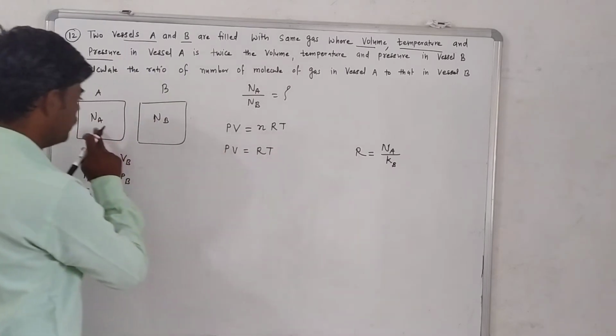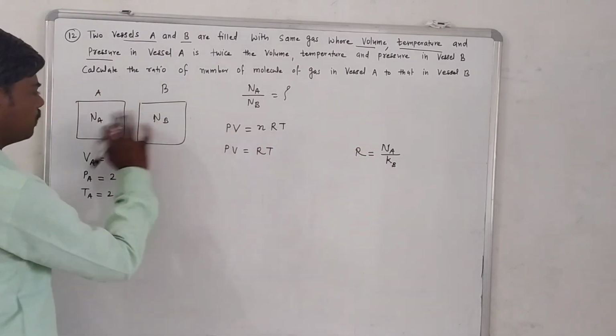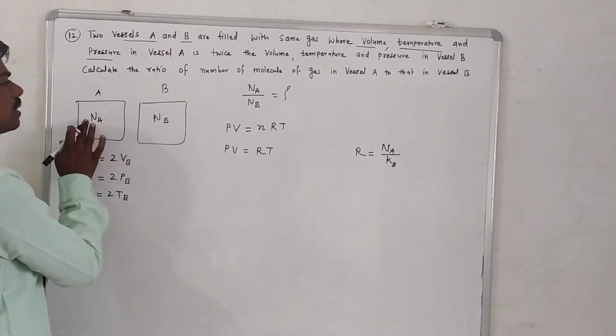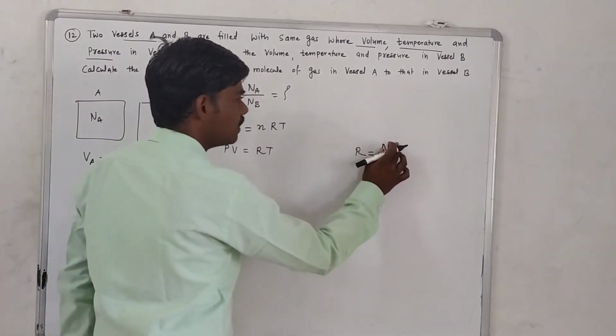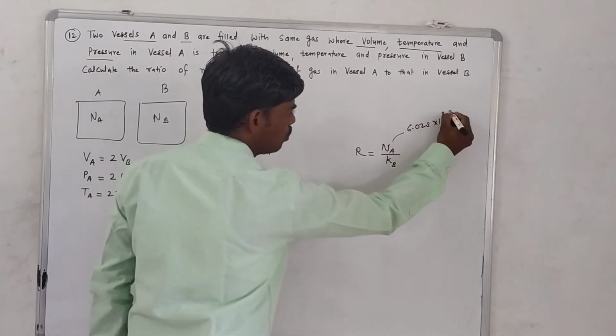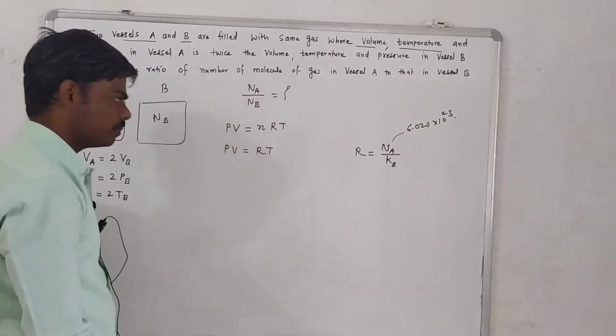Don't confuse the two Na's. Na means the number of molecules present in vessel A, while here Na is Avogadro's number, 6.023 into 10 raised to power 23 molecules.